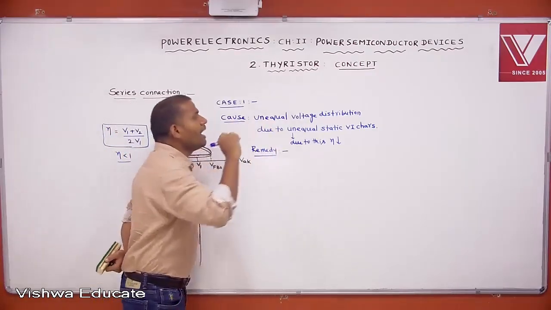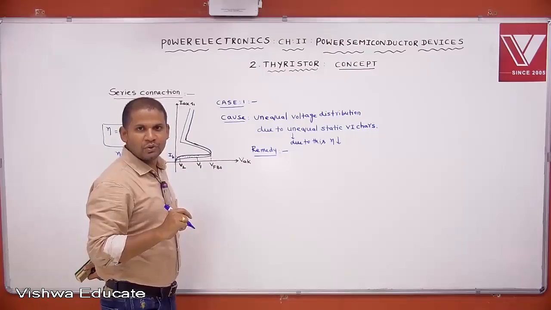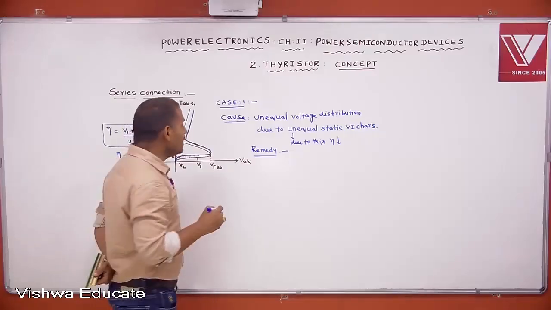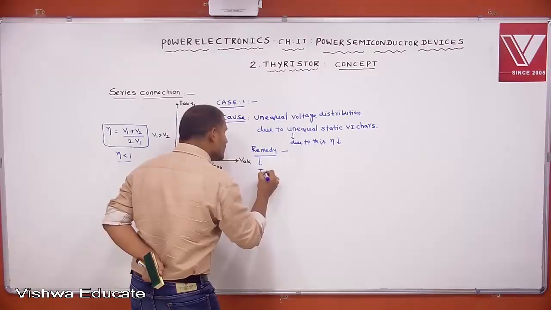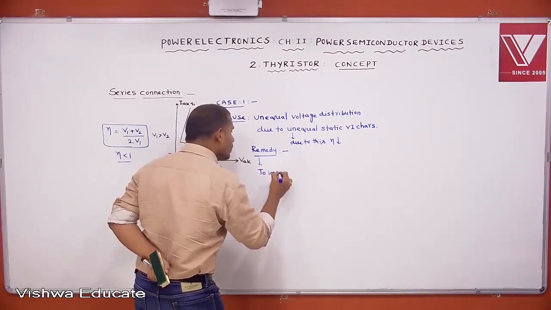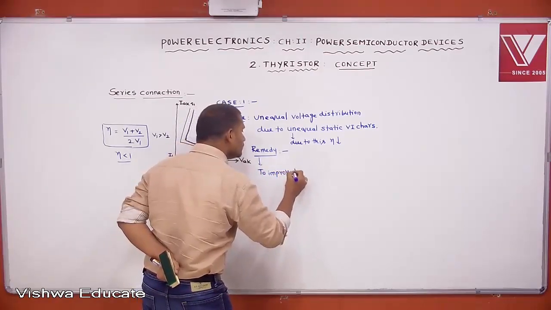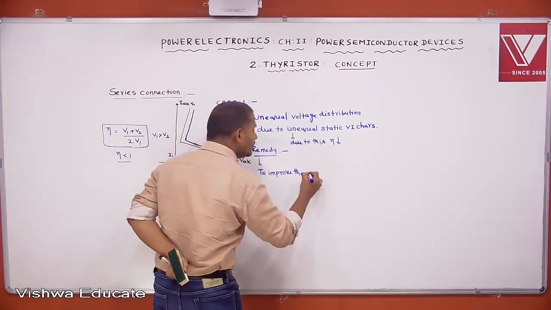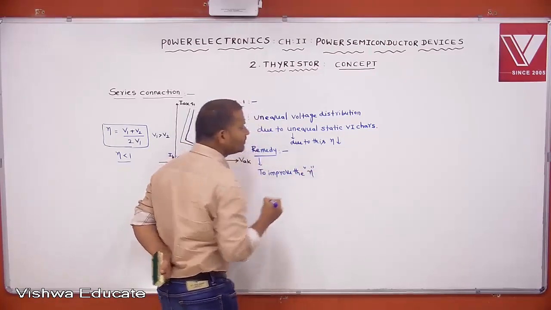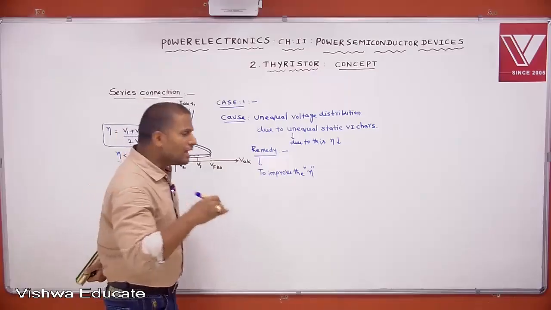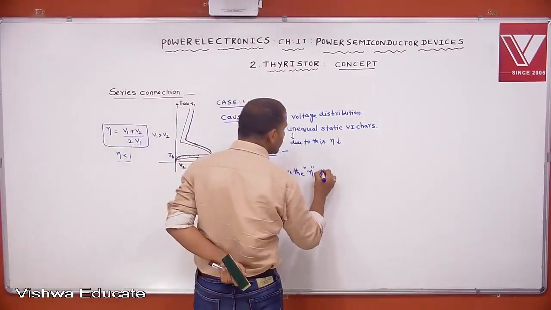Because of unequal voltage distribution due to unequal static VI characteristics. So to improve the string efficiency, it is required to equalize the voltage distribution.